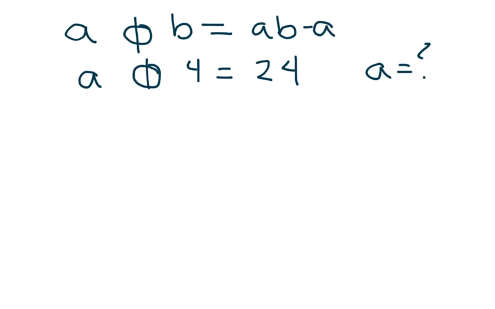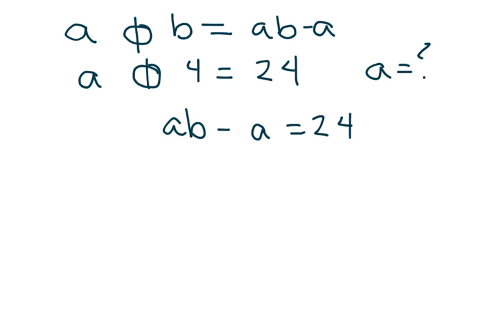Okay? So the way we're going to do this is I'm going to find out that AB minus A equals 24.